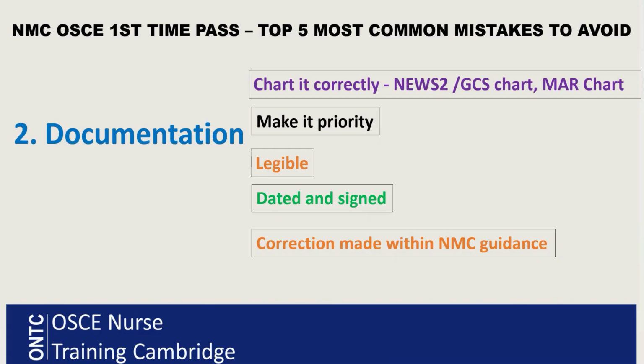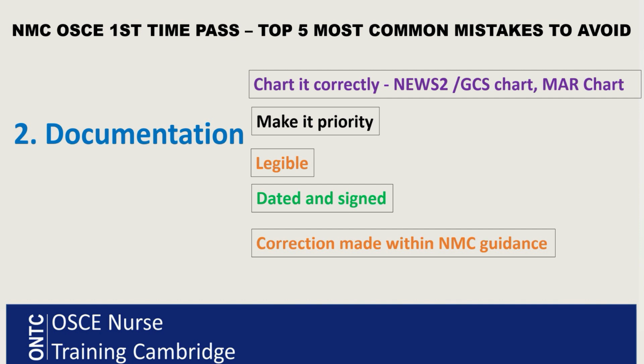Second on the slide. Now, second very, very, very big reason is the documentation. Documentation could be anything in your exam because there are lots and lots of different documents, but I am just saying the most obvious ones which people fail, okay? The most common ones which people fail are not doing the NEWS chart, and if you're using the NEWS chart, not using it correctly, not plotting everything on it correctly, or if you're using, for a neuro scenario, the neurological observation chart, not completing that correctly, or your MAR chart.